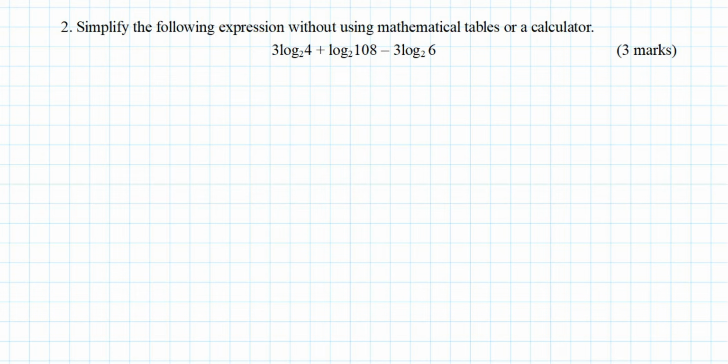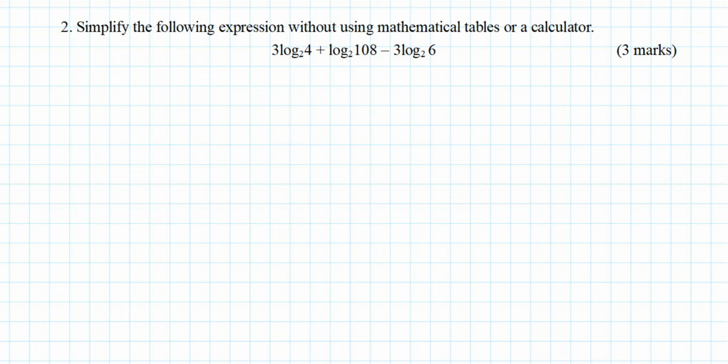So our second question is quite similar to the first question. We have also been told to simplify the following expression without using mathematical tables or a calculator. The expression we've been given is 3 log to the base 2 of 4 plus log to the base 2 of 108, we take away 3 log to the base 2 of 6.